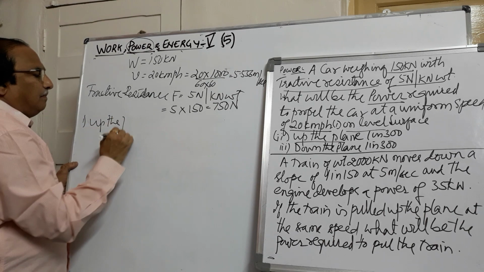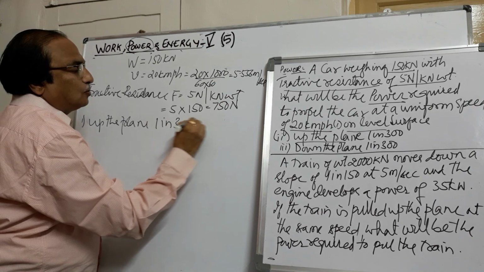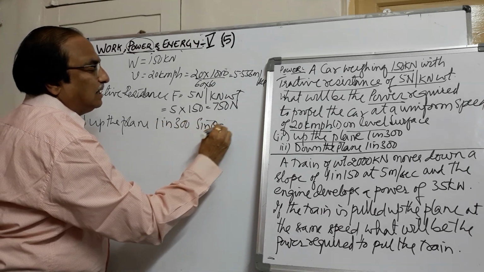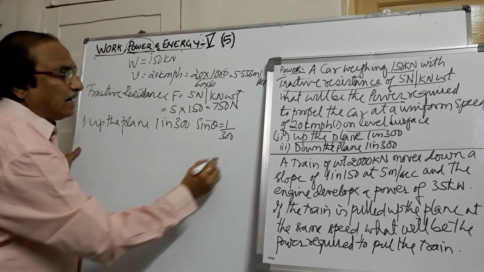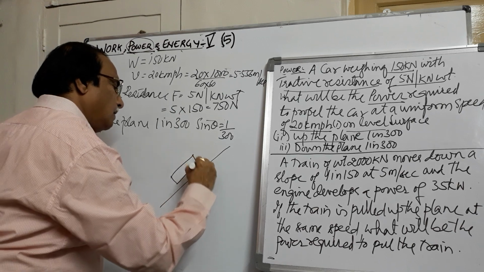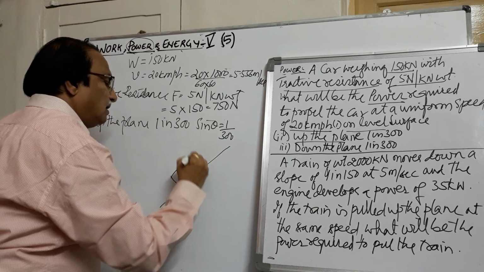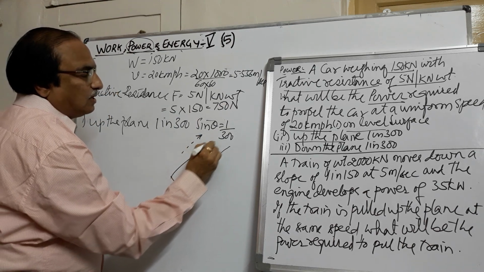Up the plane, 1 in 300. So sin theta is given to you. Sin theta is 1 by 300. This is the slope of the track. So this is a road here. This is the vehicle moving up the plane. Let P be the force required.